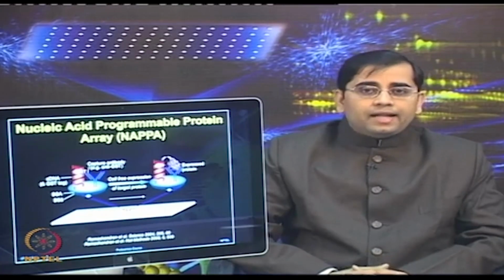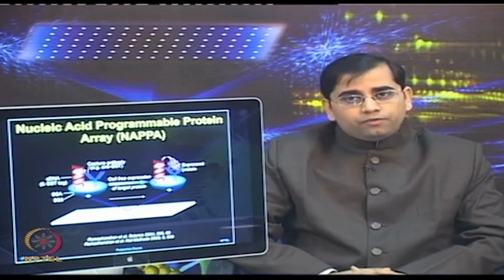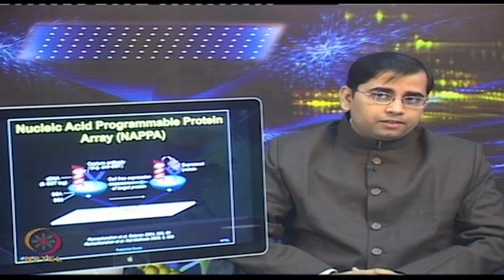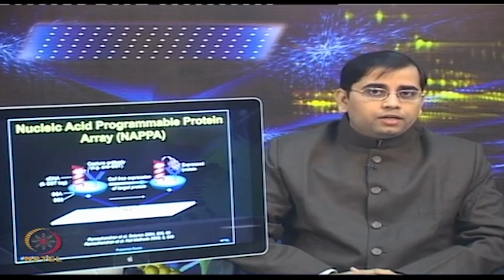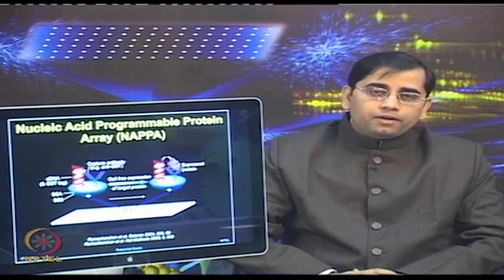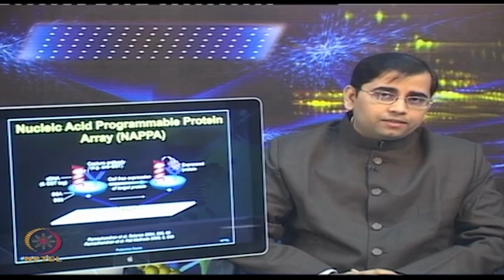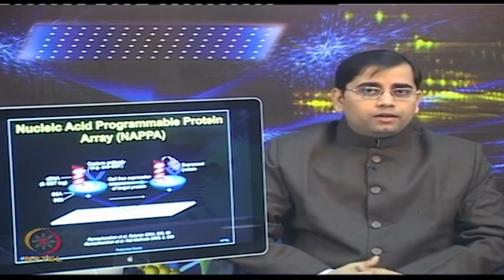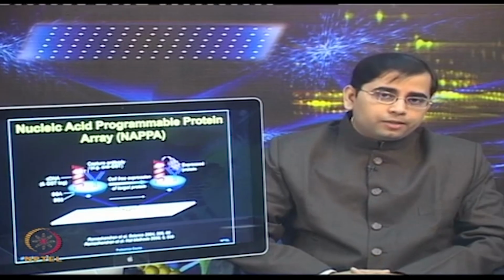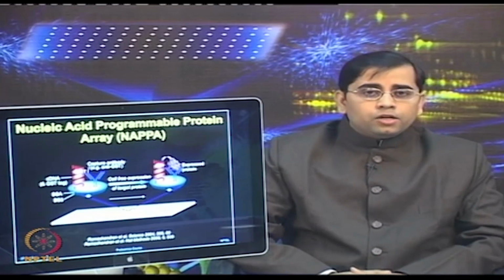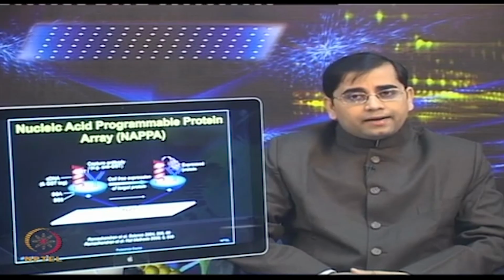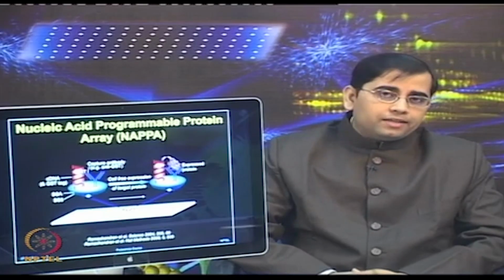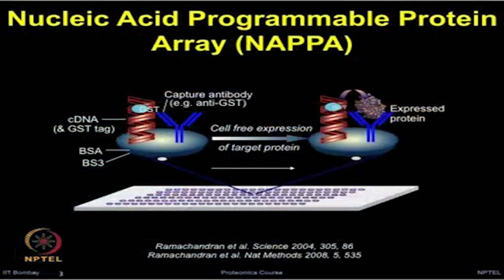The array surface is activated by the addition of a cell free expression system, which could be wheat germ expression system or rabbit reticulocyte lysate. Rabbit reticulocyte lysate is more preferred for eukaryotic mammalian protein expression. So, the target proteins are expressed and immobilized in situ and they are detected by using a universal anti-tag antibody.